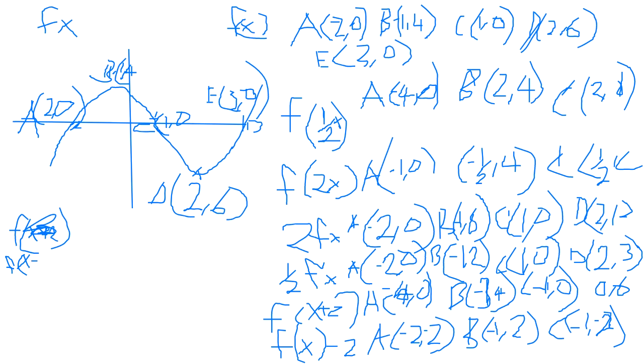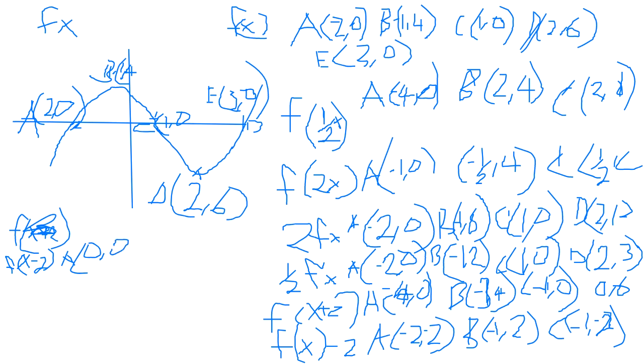That means your graph will shift to the right by 2 units. So you are going to add to only the x. Have you seen that? Because the y will remain the same, only the x will be moving. So our point A will be 0, 0, because now you add to the x.